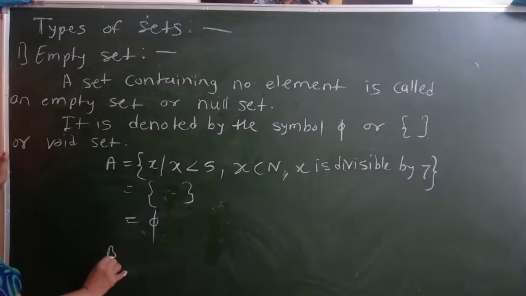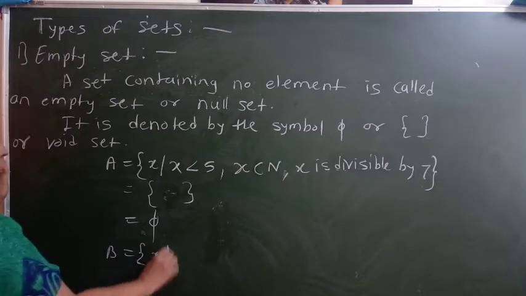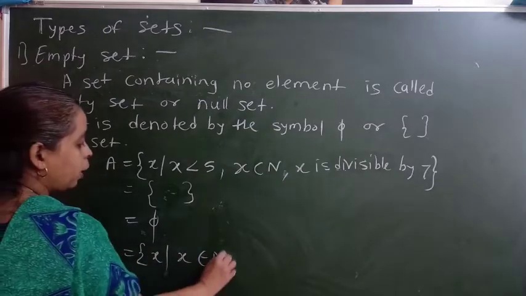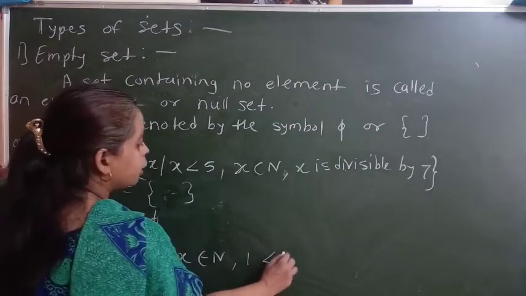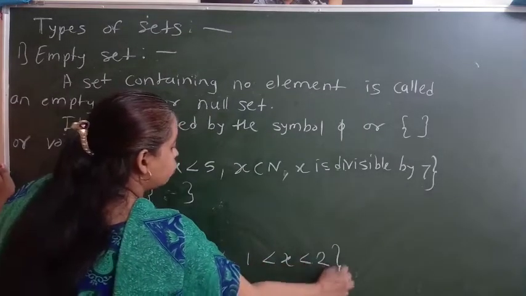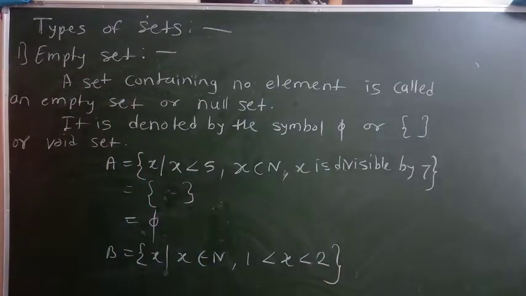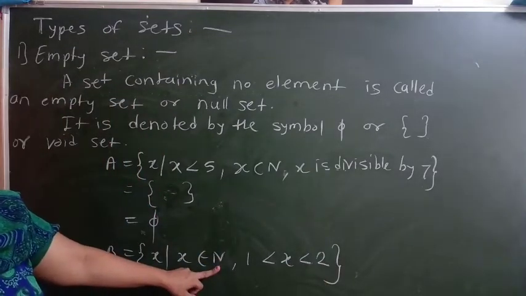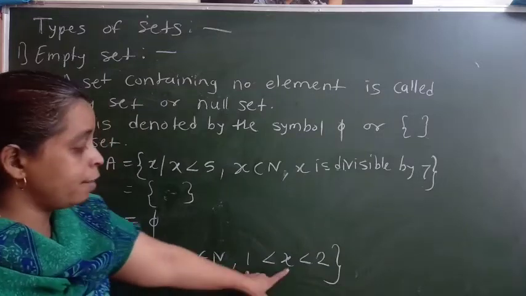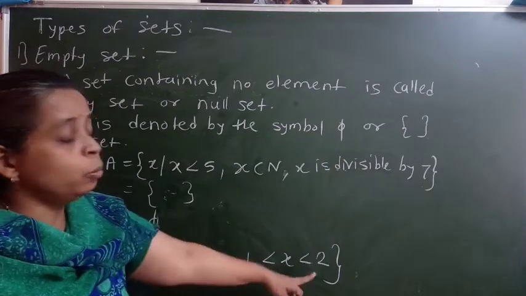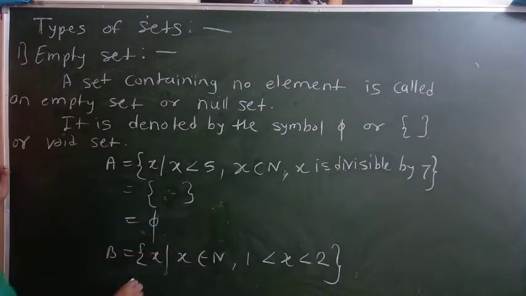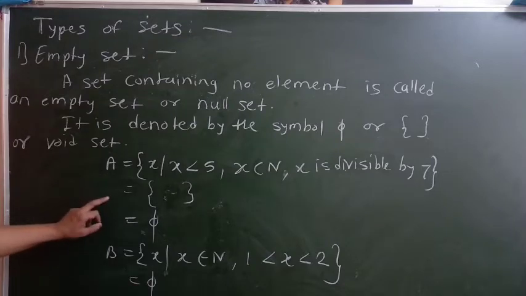Or again see B. B is x such that x belongs to N and 1 is less than x is less than 2. N is natural number. Again x is greater than 1 and less than 2. So there is no any element between 1 and 2 which is a natural number. So this is again empty set. So empty set means there is no any element present in that set.